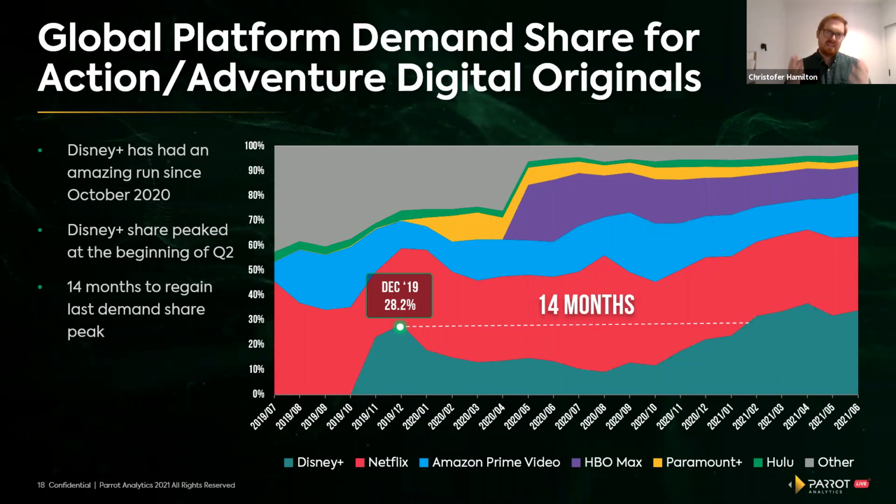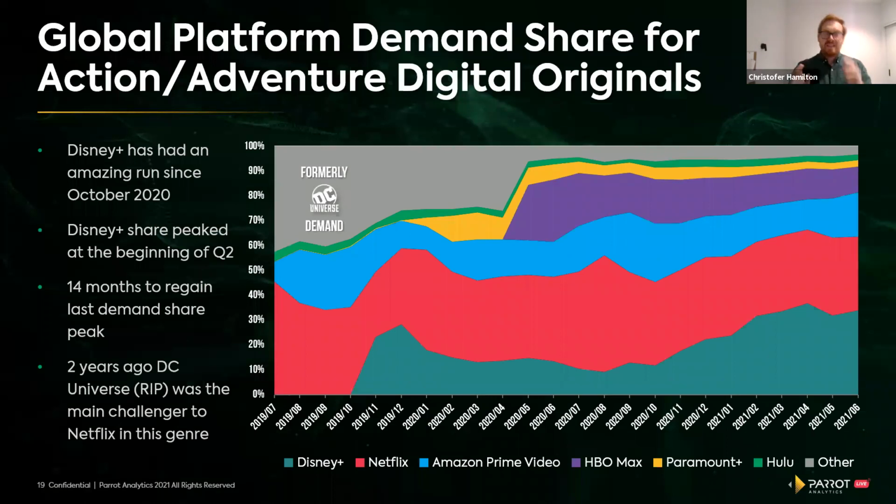So we see that happening with Disney Plus here. Mandalorian making a huge splash, probably achieving what Disney Plus had wanted to achieve, certainly attracting viewers, getting attention, but without more series following up on it that are in demand, we really see a drop off there, and it took 14 months to regain that ground.